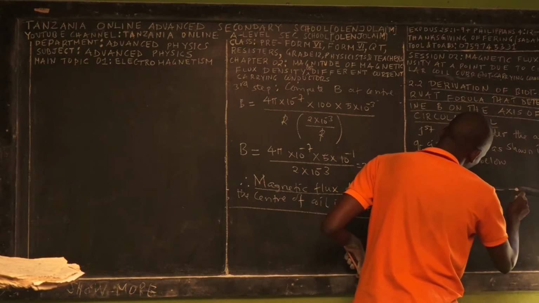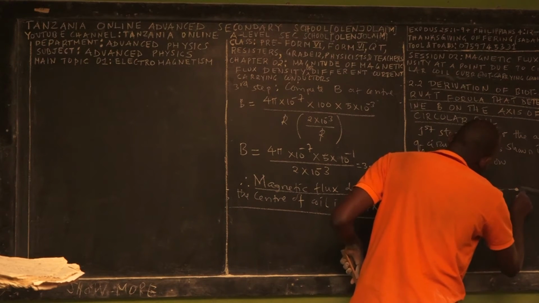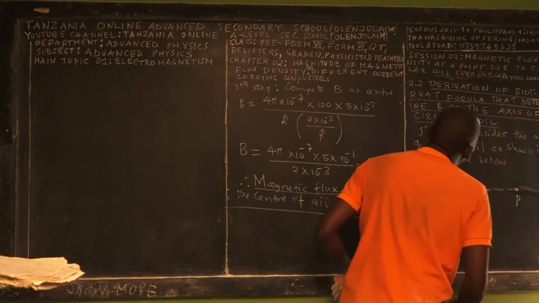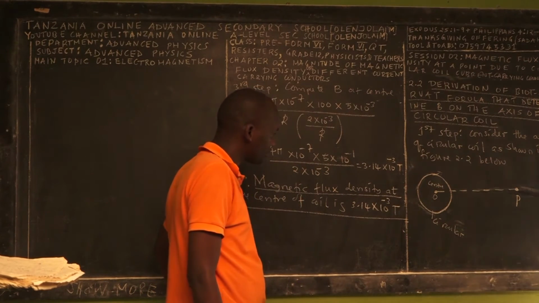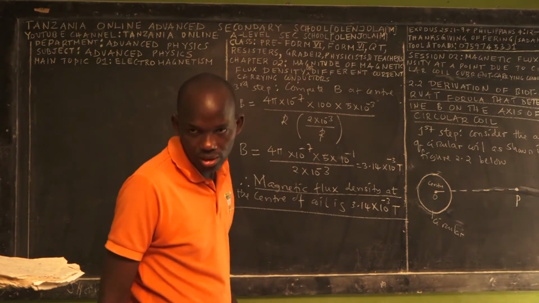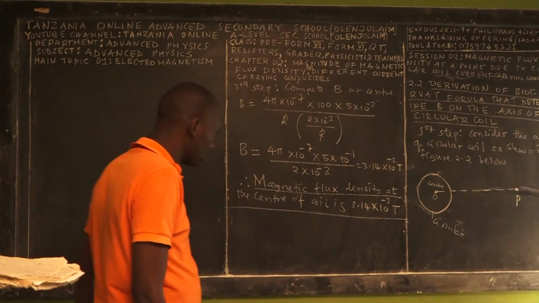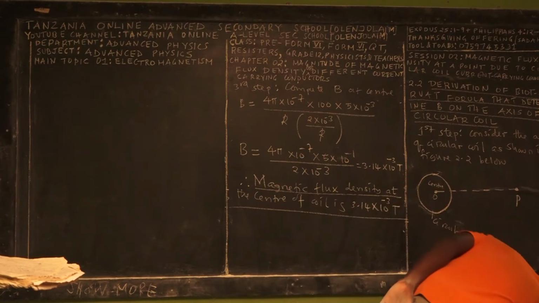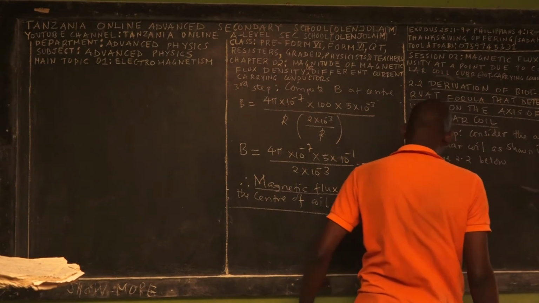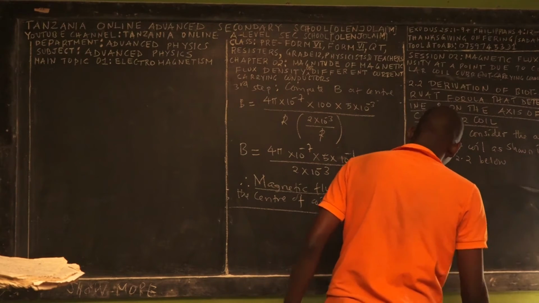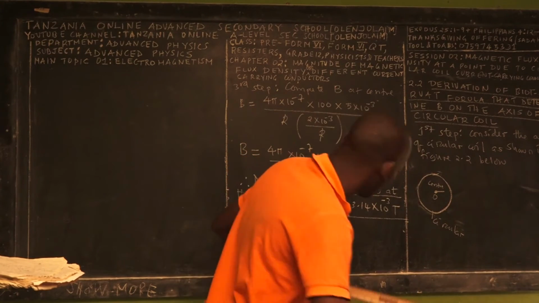This is our point P today. When you say the axis of the circular coil, it means a line passing through the center of the circular coil.